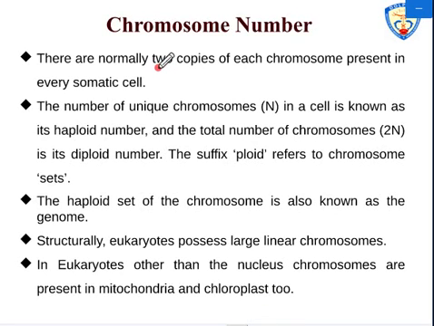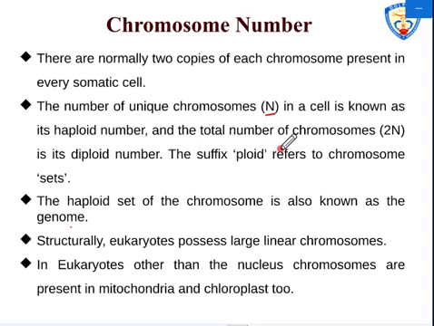There are normally 2 copies of each chromosome present in every somatic cell. The number of unique chromosomes that is represented by N is known as its haploid number. Now the haploid set of chromosomes is also known as the genome.